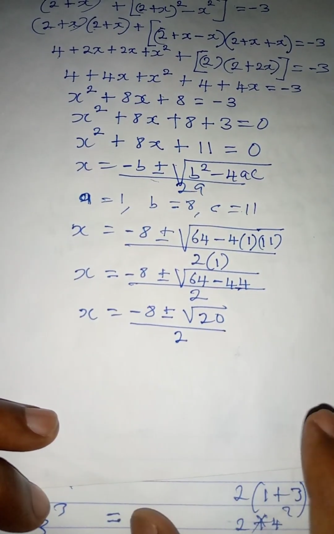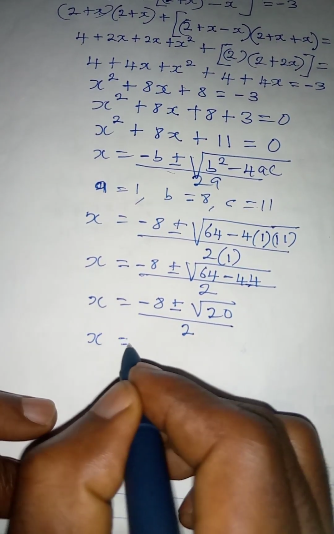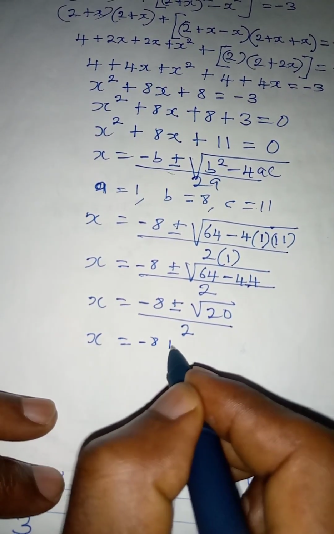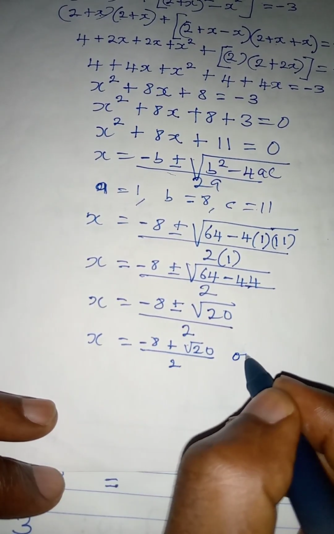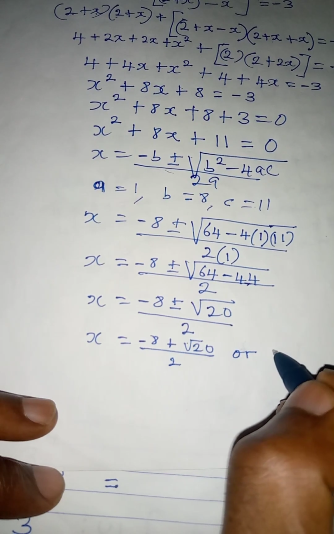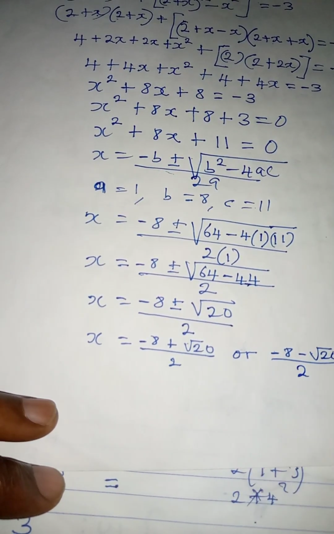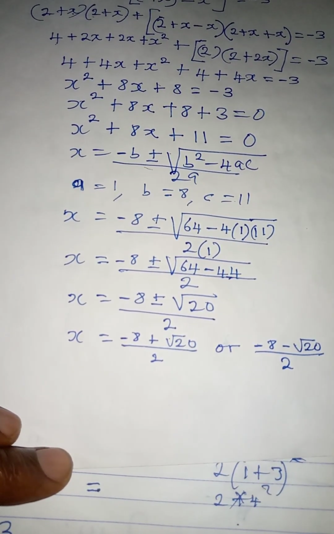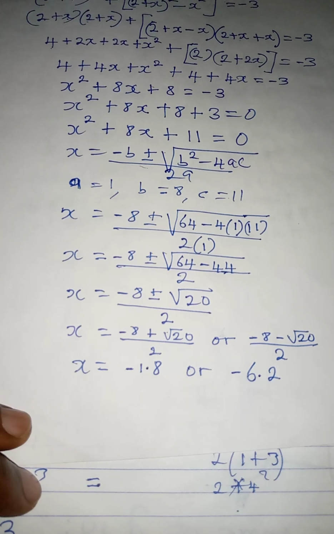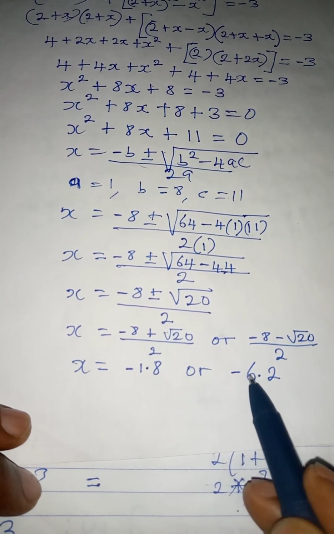So from here, we can get our two values of x. We now know that x will be equal to minus 8 plus root 20 over 2, or on this side, minus 8 minus root 20 over 2. So let's get the two values for x. This means that the value of x is approximately minus 1.8 or minus 6.2.